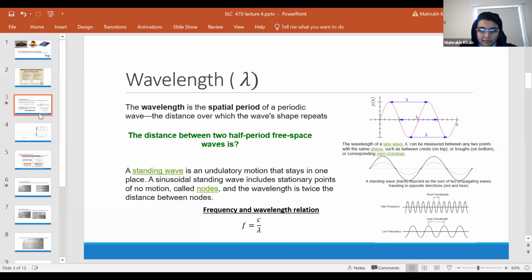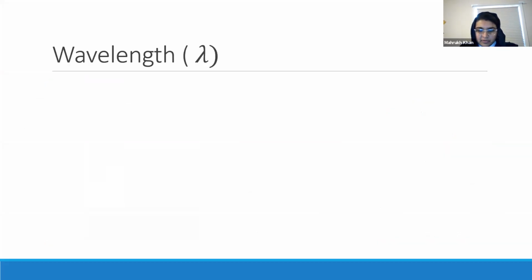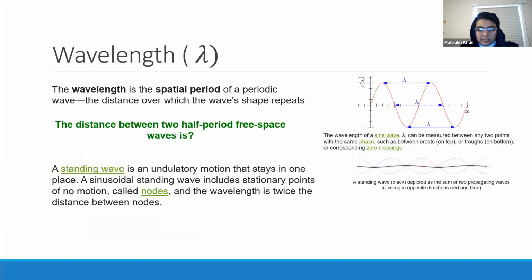So it's just the fun facts or the things we don't know. It's not serious, but the standing waves, we know that they are the stationary points and they change without any motion, right?